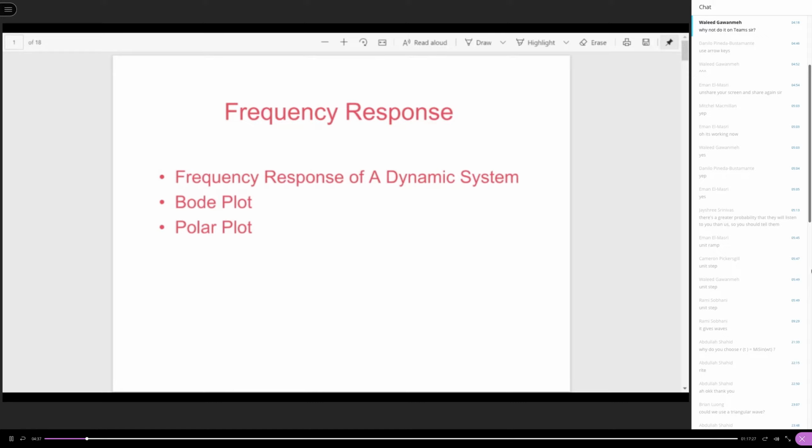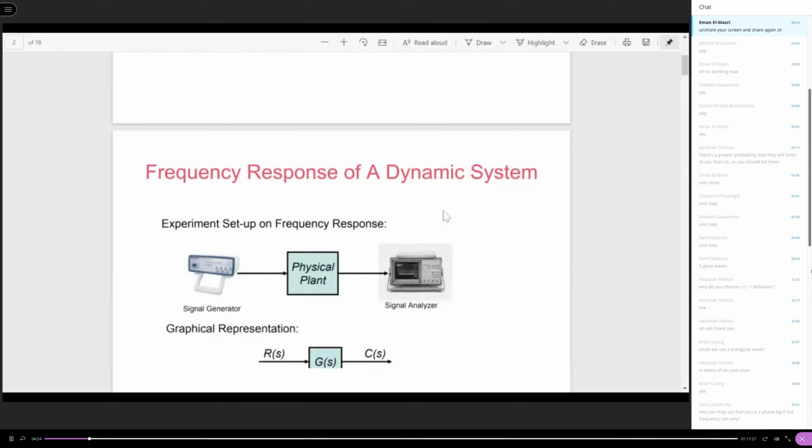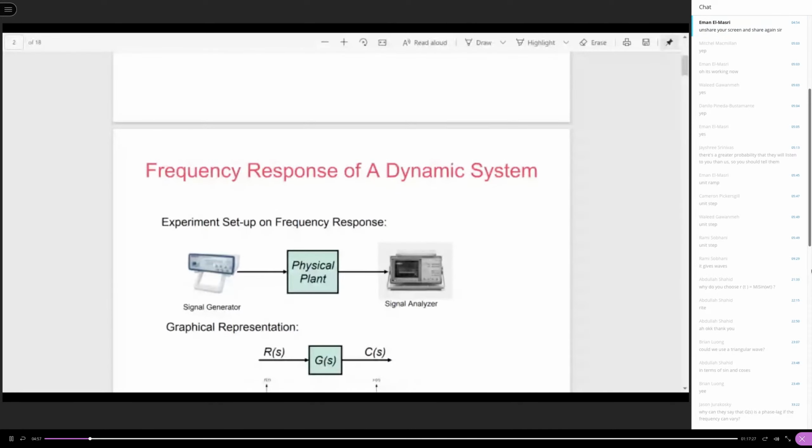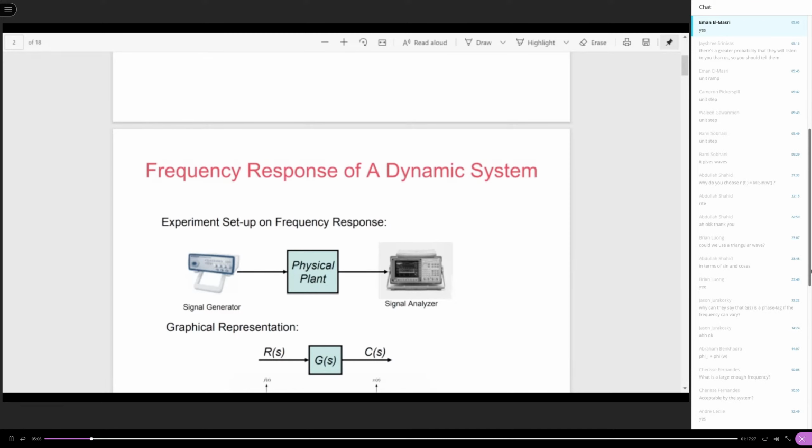How am I gonna change the page? And why is it like that? Wait a minute, it's only one page here. That's impossible. If I change the page, can you guys see that? Okay, good. Yeah, it does not allow me to change the page in the virtual classroom, so I have to manipulate it in the browser.